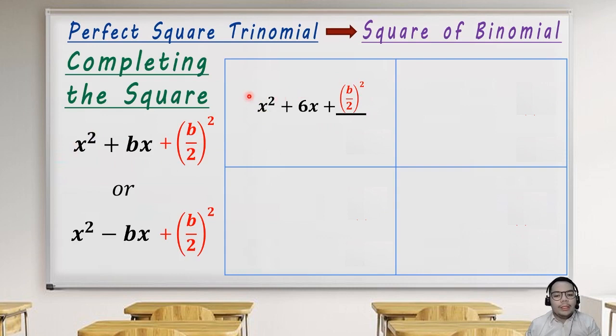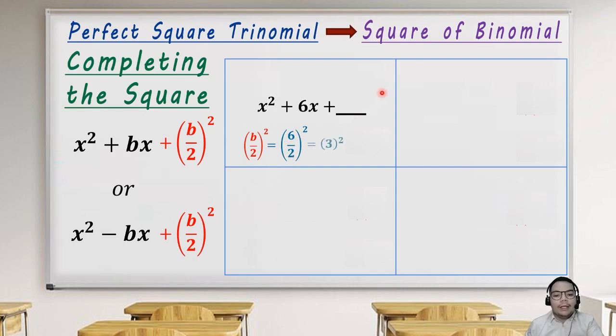For example, this is the given: x squared plus 6x plus blank. The third term is missing, so all we need to do is to use that formula and substitute 6, because the value of our b is 6. It's the same as saying 6 divided by 2 quantity squared.